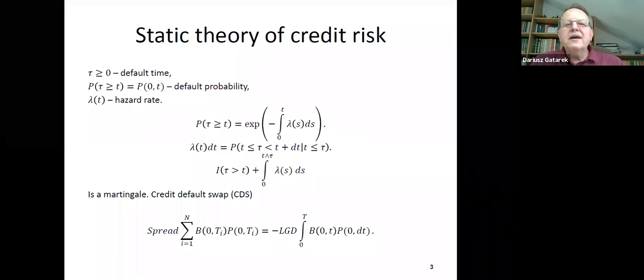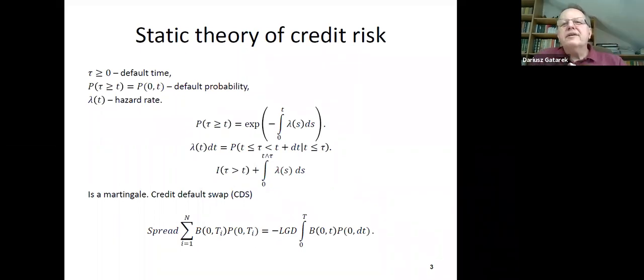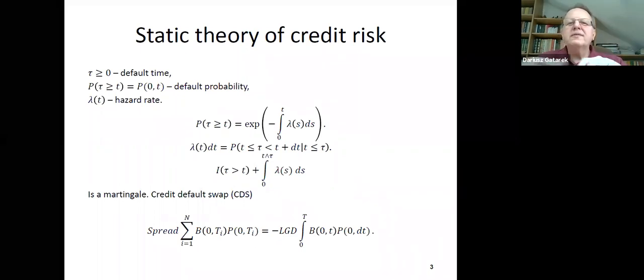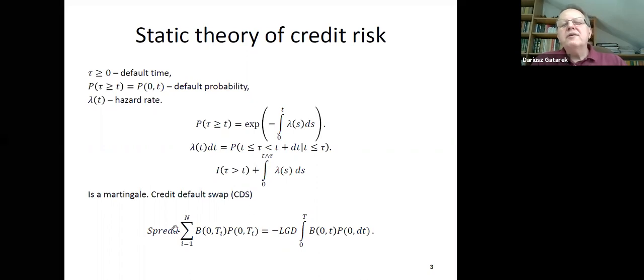This is a product where one party, let's call it the insurance buyer, pays some coupon on a yearly, semi-annual, or monthly basis.